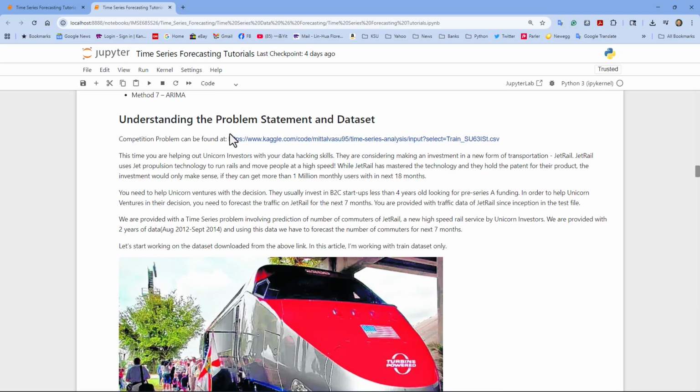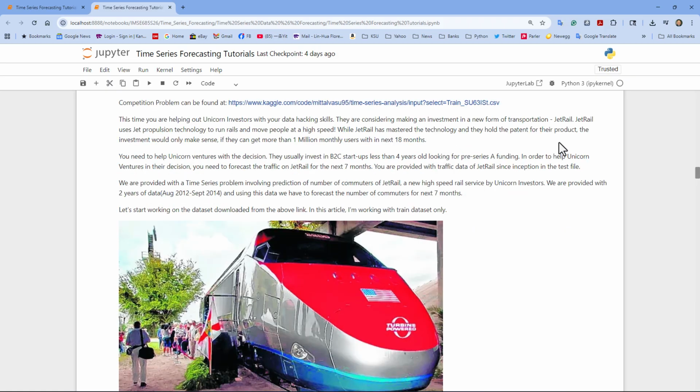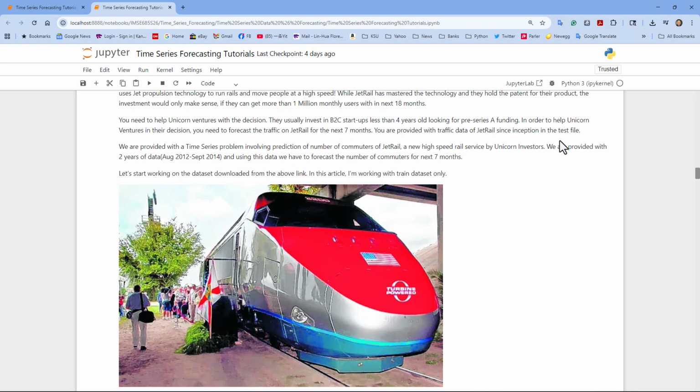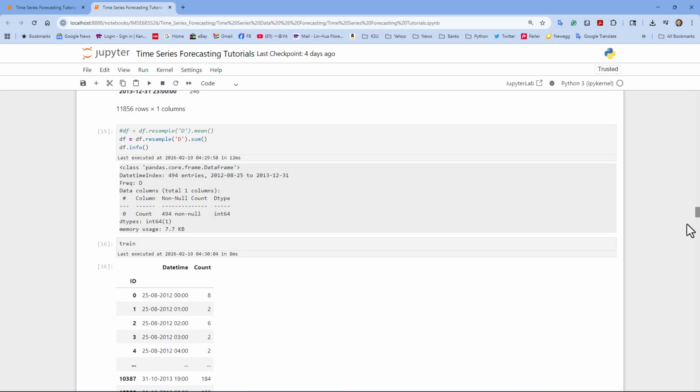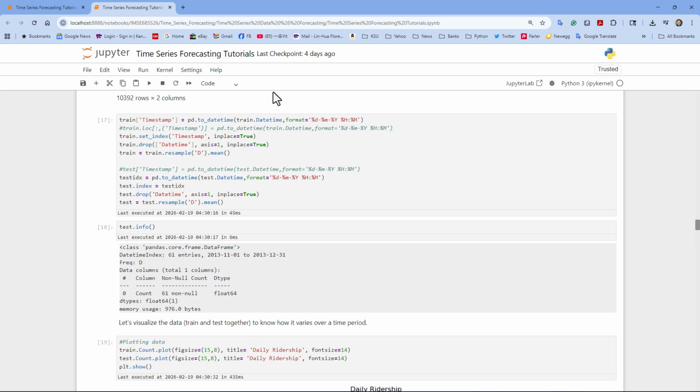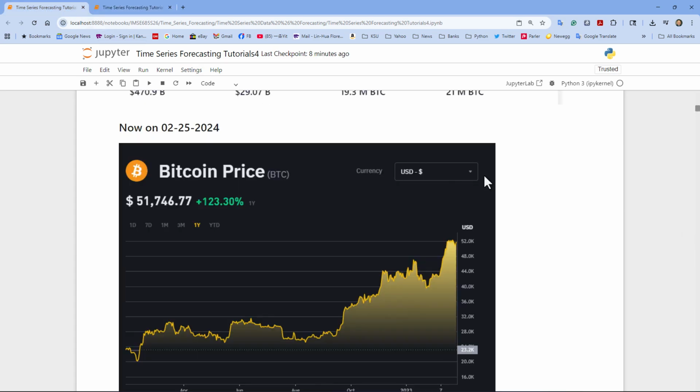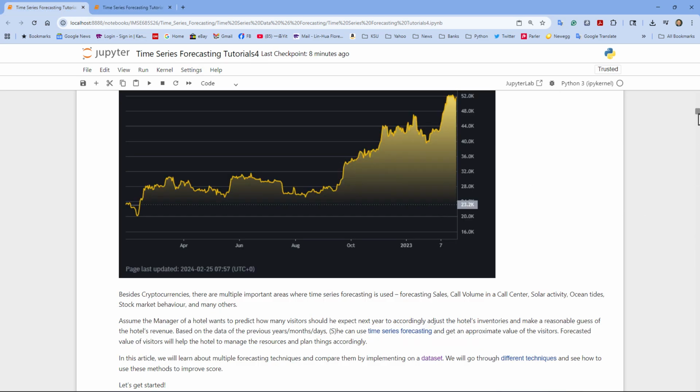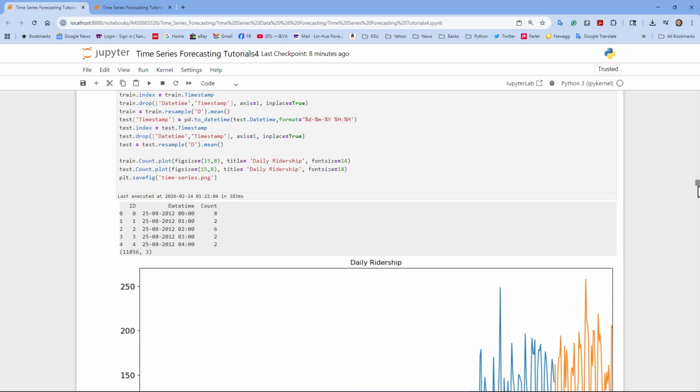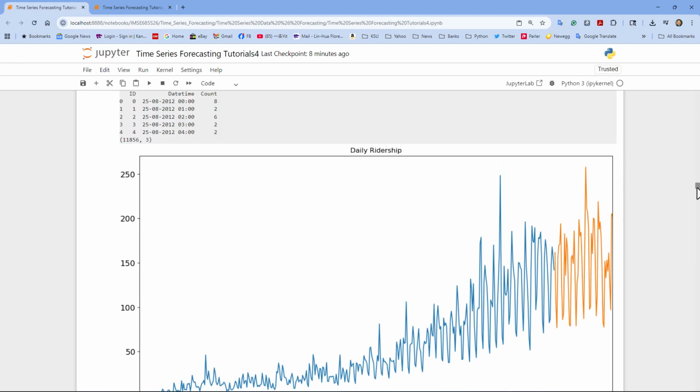We're basically using a Kaggle competition data set called JetRail, a fast trend data set, to walk you through all these 7 methods. From the results we got last time, I'm going to continue on these, and these are the data set.